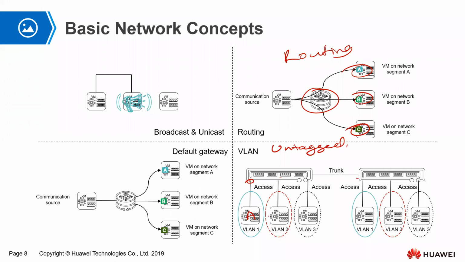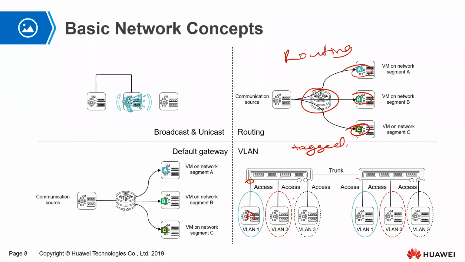What happens when it is receiving a tagged frame? We have been looking at the untagged. Now, what happens when it's receiving a tagged frame? When it is receiving a tagged frame, if the VLAN ID of the packet is the same as the PVID, the port VLAN ID, of the interface, then it will receive the packet.